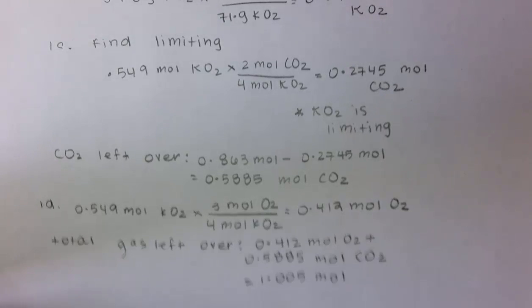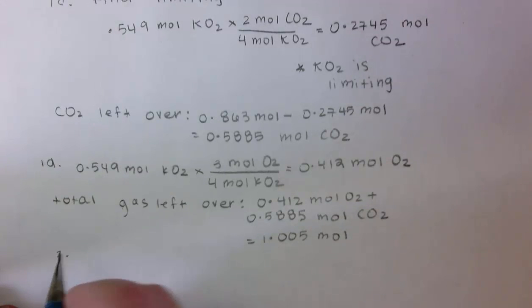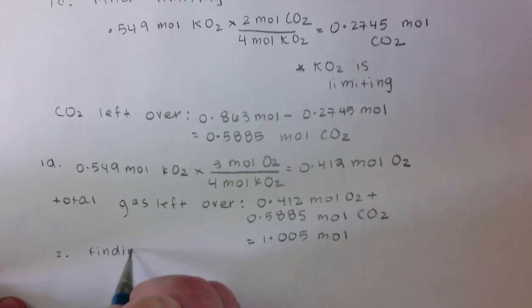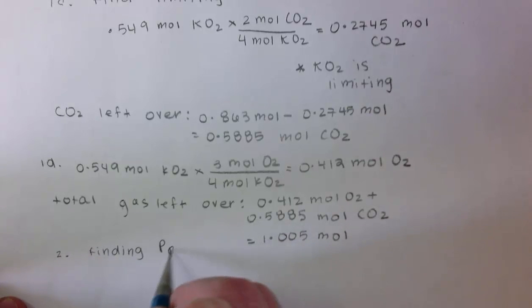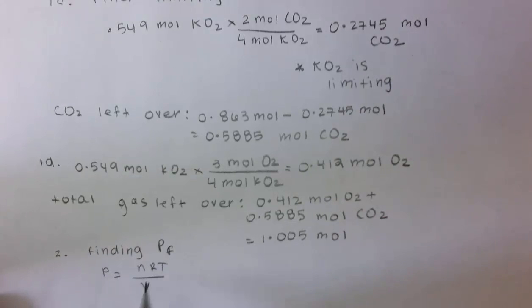So now we can go to our final step, which is finding the final pressure, and we can use the ideal gas law for this. So we know that P equals nRT over our volume. We know that n equals 1.005 moles.